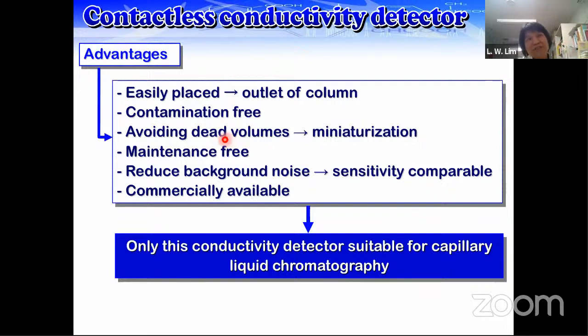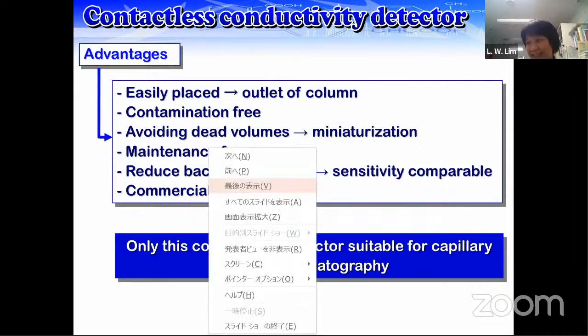If you use a packed column, you have to add an extra connector to connect the column and the detector. If you use the column directly as the detector, there's no dead volume and your peak shape will be very good. This is one of the advantages of using the contactless detector.